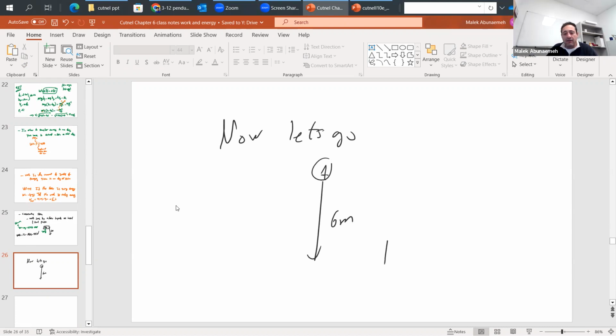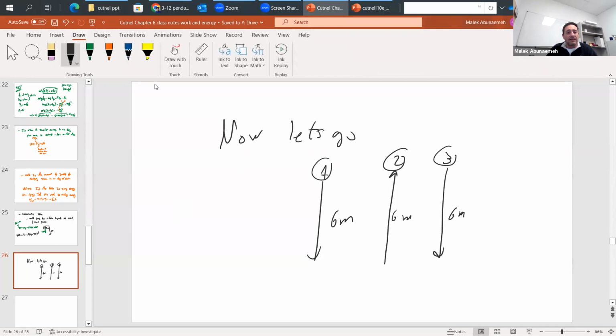Then that elevator goes back up on the second try for 6 meters. On the third one, it goes back down 6 meters. Notice that the second one opposes gravity.